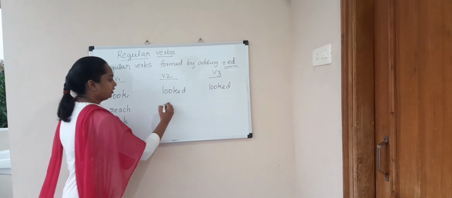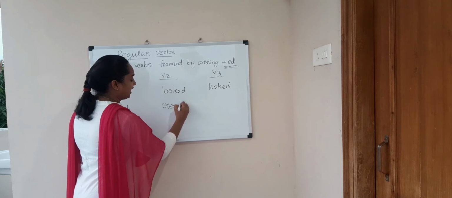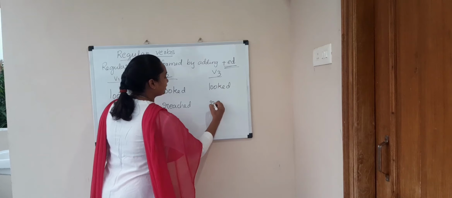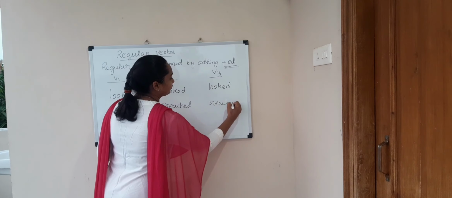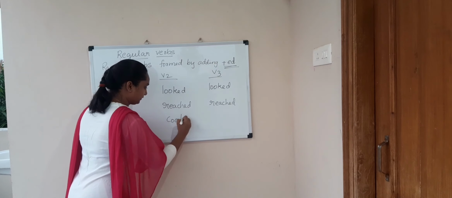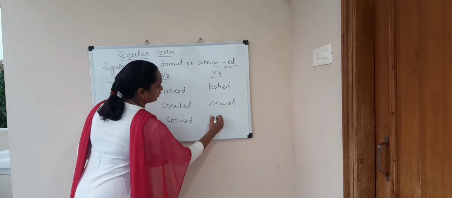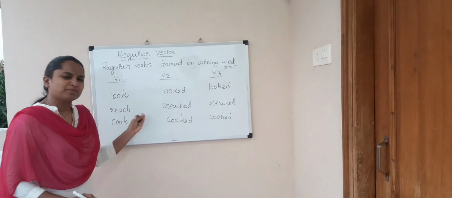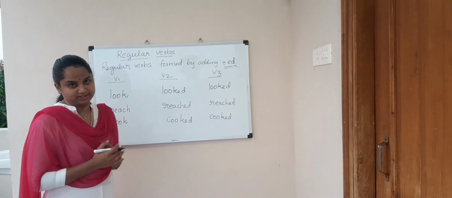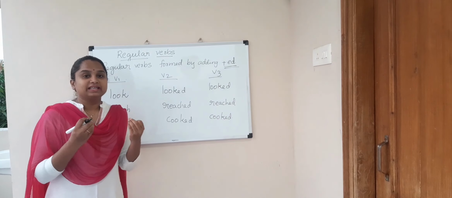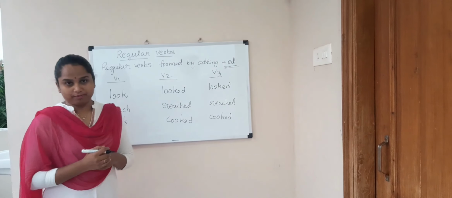Reach, reached just by adding ed, and past participle form reached. Cook, cooked, cooked. So these are some of the examples. There are many actually which we can form just by adding ed to the base form.